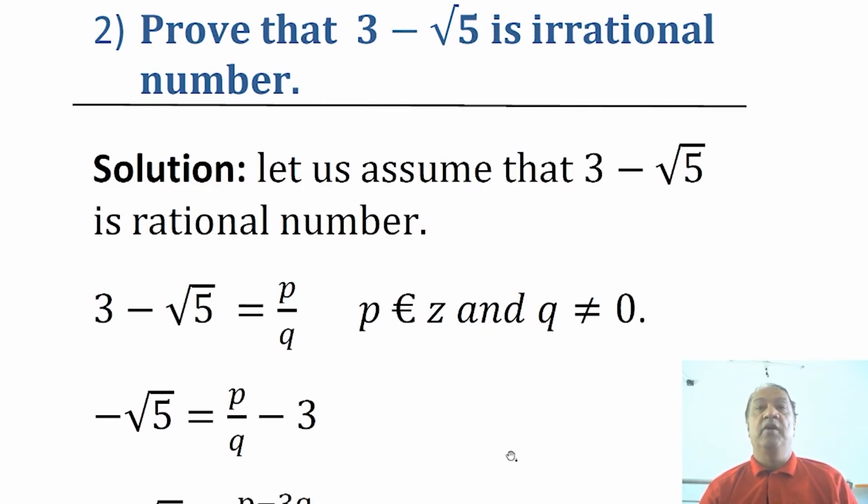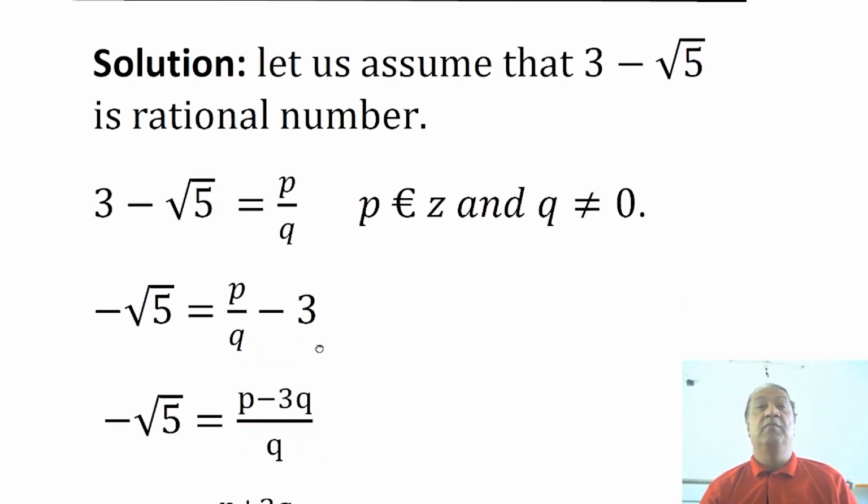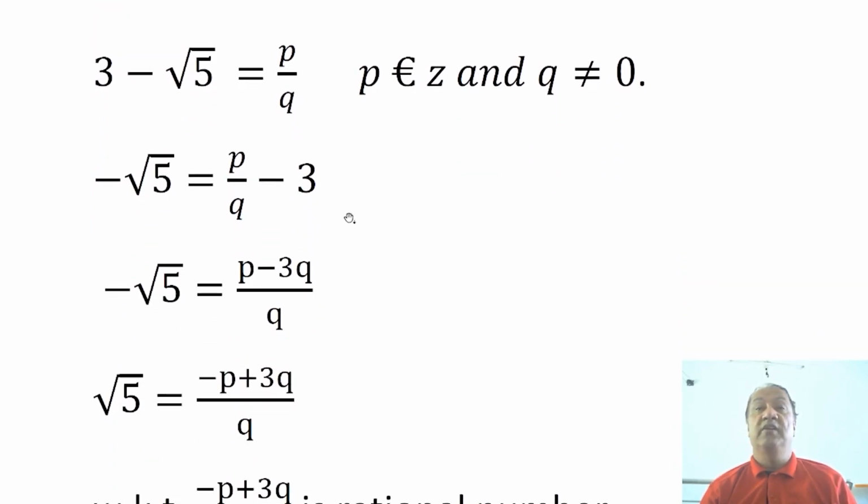Now minus root 5 is equal to p by q minus 3. If 3 comes to the right side, it becomes minus 3. So minus root 5 is equal to p minus 3q by q, by taking the LCM of q and 1.